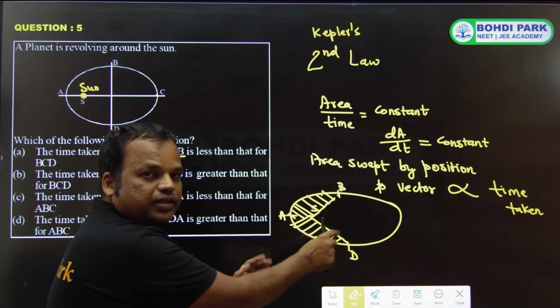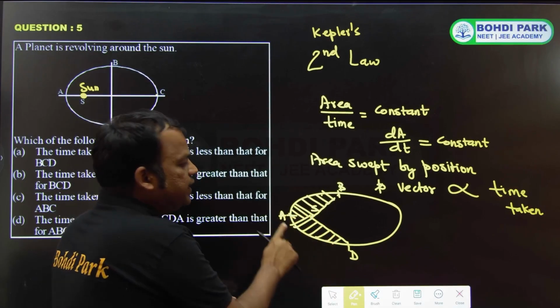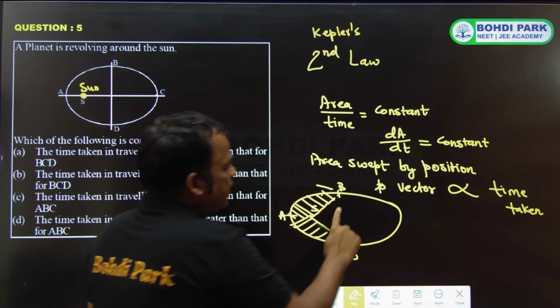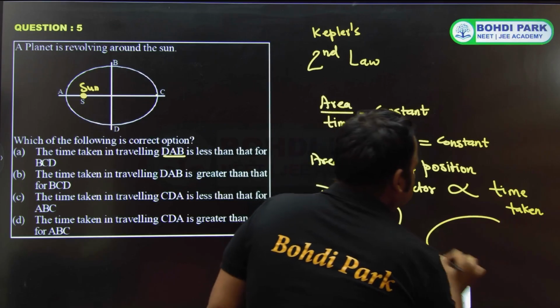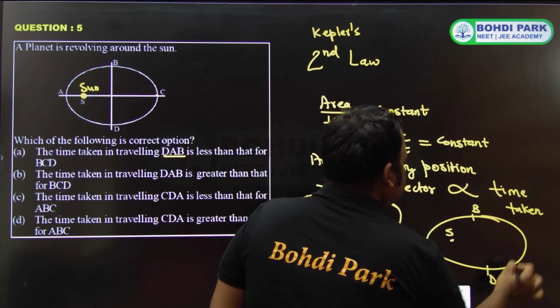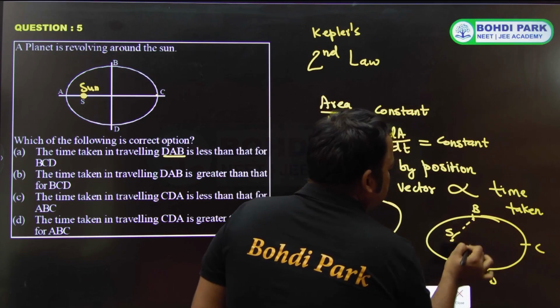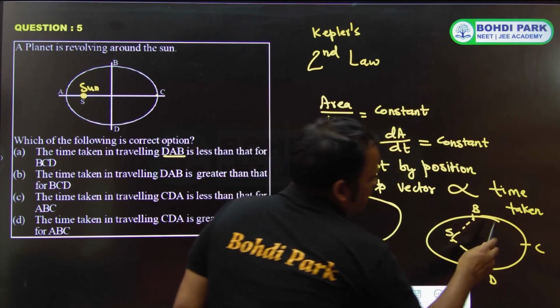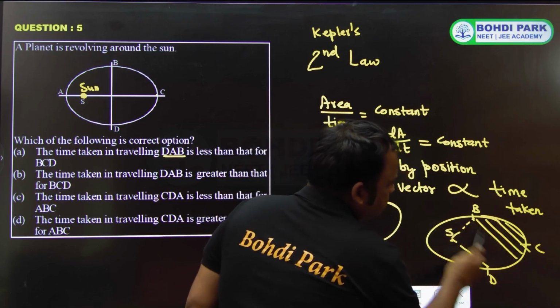This is the area covered for DAB. And for BCD, this is B, this is D, this is C. For BCD, this will be the area covered.